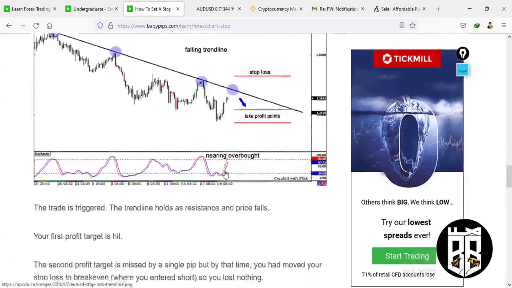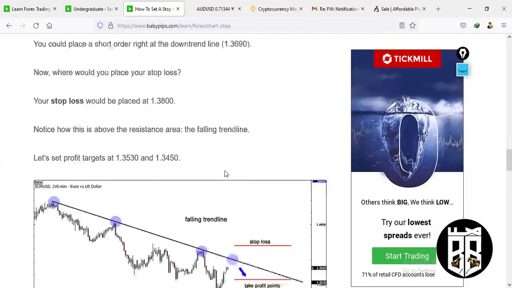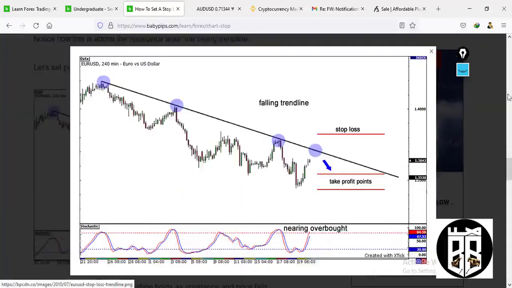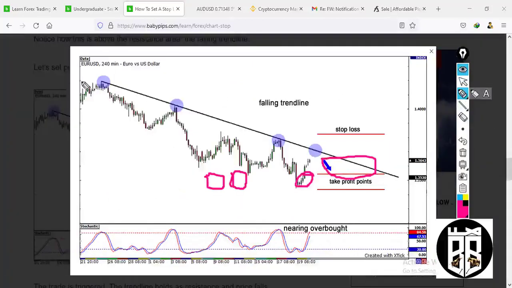Now let's use another short example here. Let me just explain using this diagram. From this picture we are looking at, we can see this trend line has been respected more than 4 times, and the price is coming up gradually. So where could our entry and stop loss and take profit possibly be?